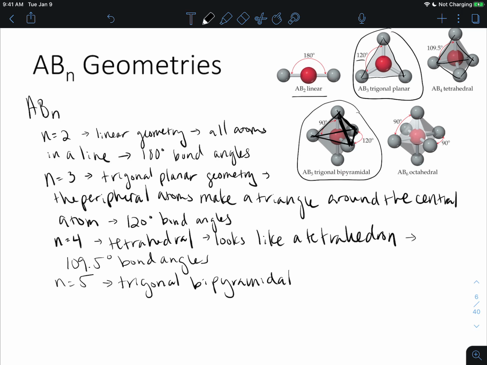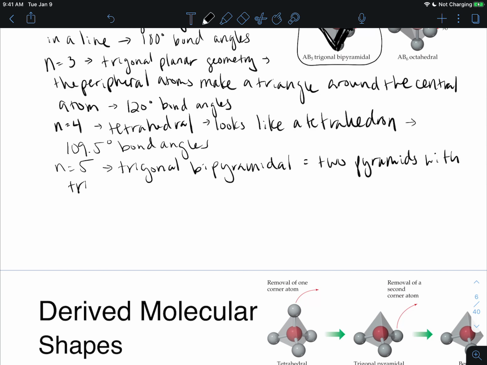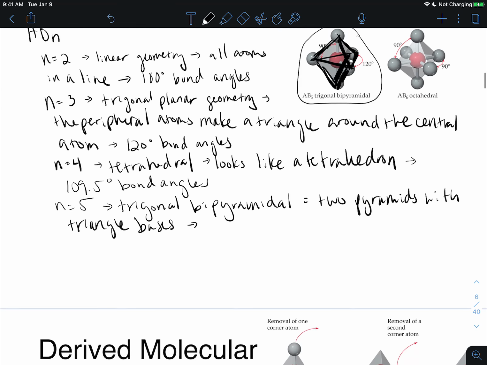All right, so we've got a triangle-based pyramid, and there are two of them. So, two pyramids with triangle bases. Okay, and this has 90-degree angles and 120-degree angles, as we see there.